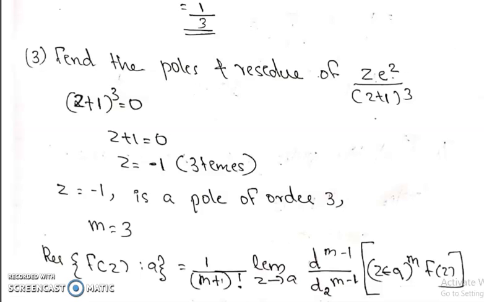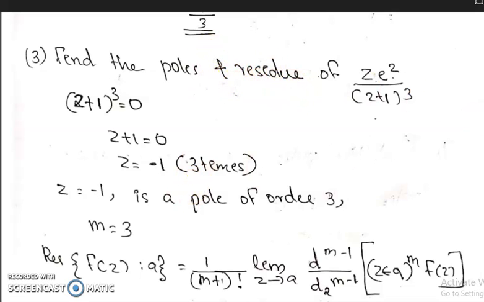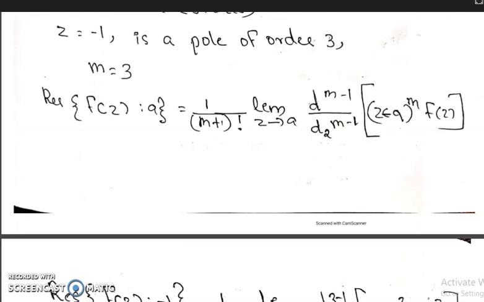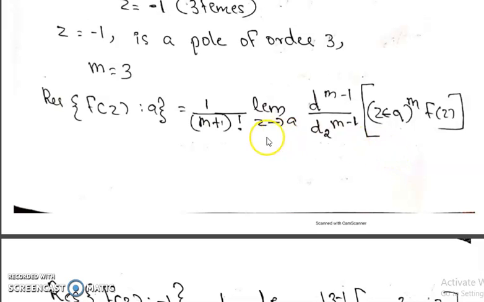We have learned the residue equation. After finding the pole, we have to find the residue. So we know residue is given by this equation when it is of order m.